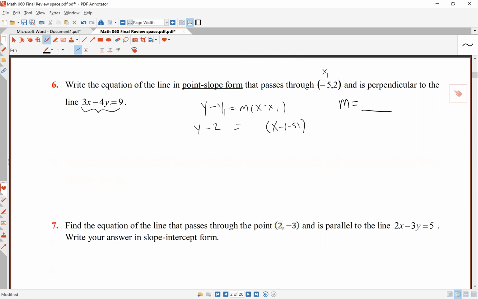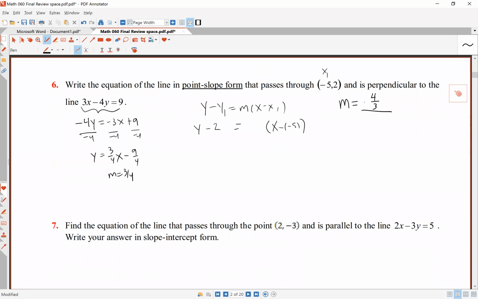And so this line, if we divide by -4 now, would have a slope of 3/4. So we use a negative reciprocal slope.